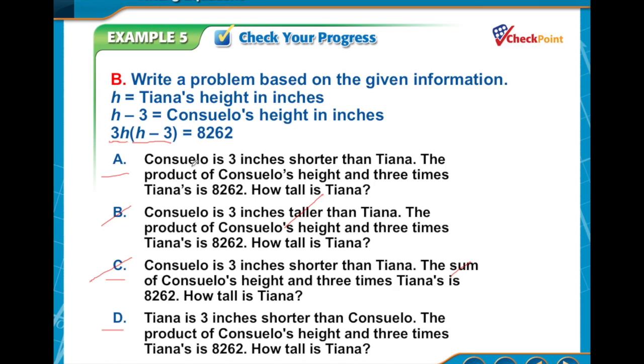If we read what's happening here, A says Consuelo is 3 inches shorter. That's right. Consuelo is the shorter one. D says Tiana is 3 inches shorter, and Tiana, we know, is taller. So D actually has to be wrong. The only one that makes sense is A.